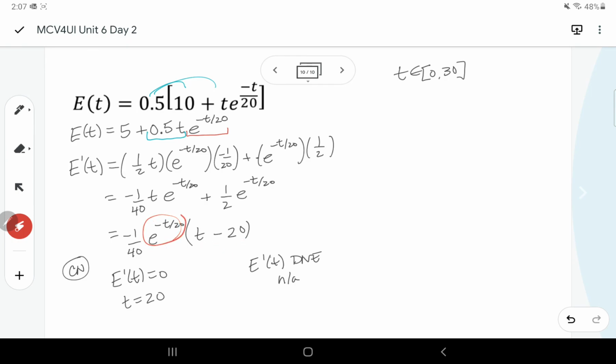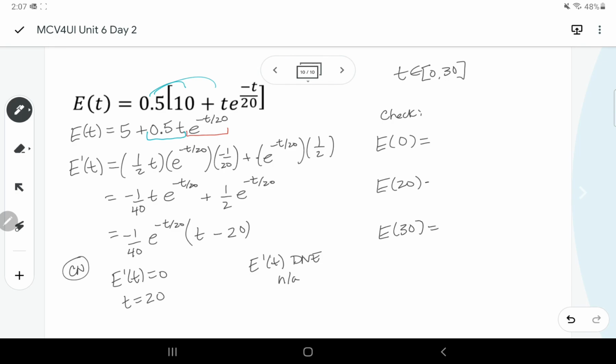This is an exponential function, so you don't have any times when that e to some exponent could be 0, because you can't put any exponent on a positive number and make that answer equal to 0. So I would go back into your original function and check e at 0, e at 20, and e at 30. And then that's what we want to find the best value here.